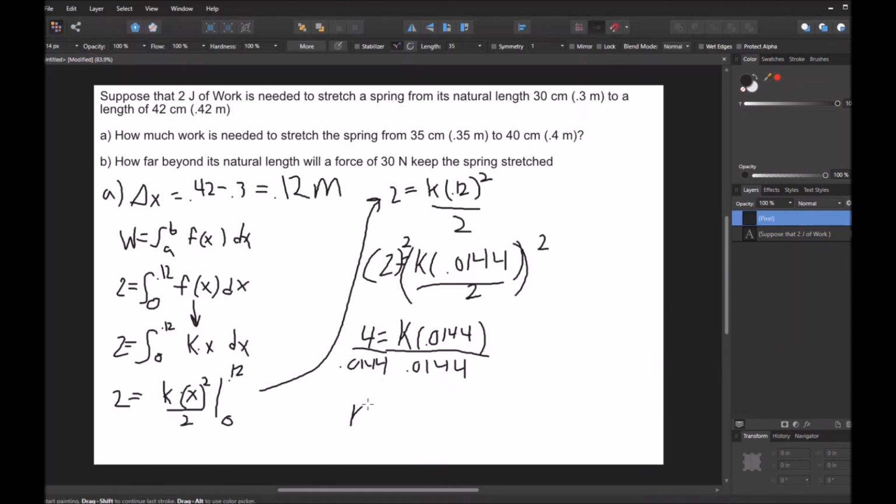And I get k equals 277.78. Now at this point, I'm still not finished, so I'm going to erase all this work up here, so make sure you have it written down.